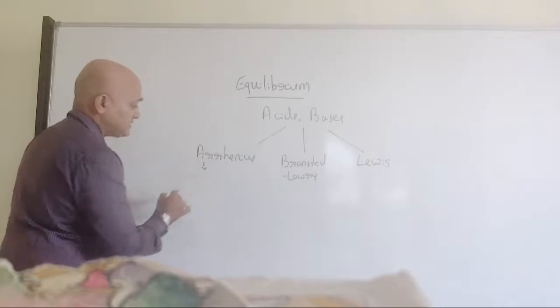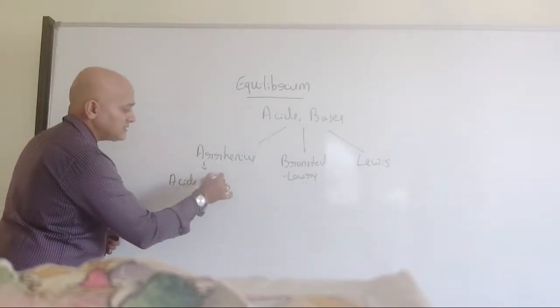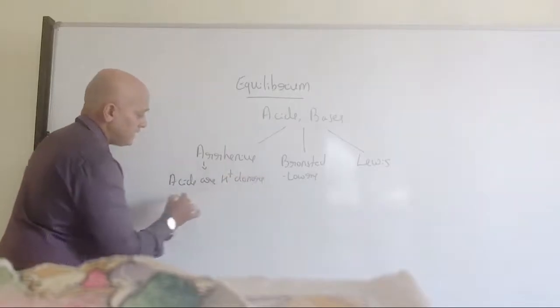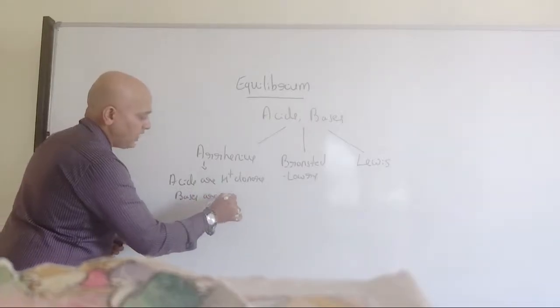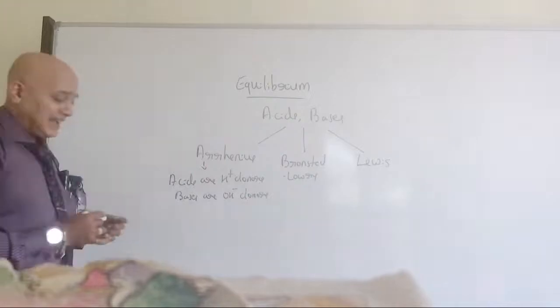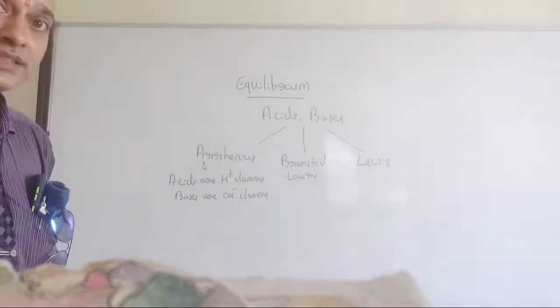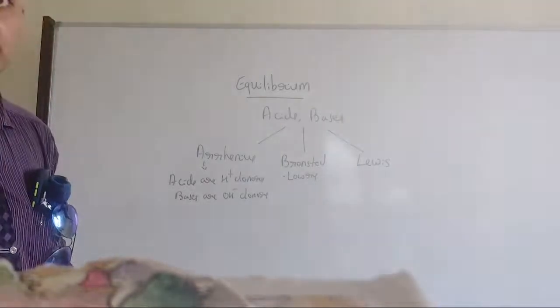According to Arrhenius theory, acids are H plus donors and bases are OH minus donors. So what are acids? Acids are H plus donors and bases are OH minus donors.